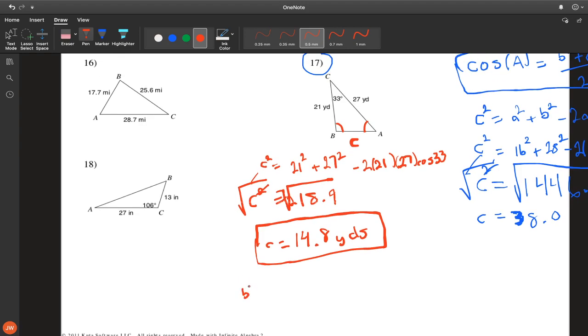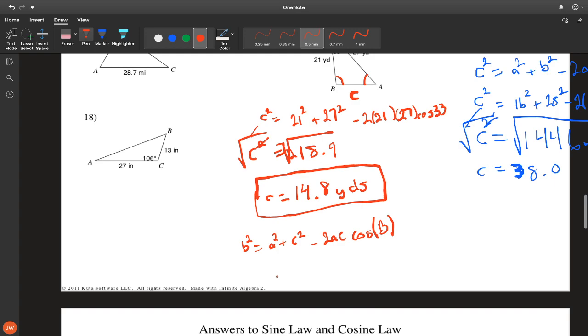So, B squared equals A squared plus C squared minus 2AC cos B, and we want to rearrange it for cosine B. So we're going to move this over to the left side, and we're going to move b squared over to the right side. So 2ac cosine of b is equal to a squared plus c squared minus b squared. Now divide by 2ac.